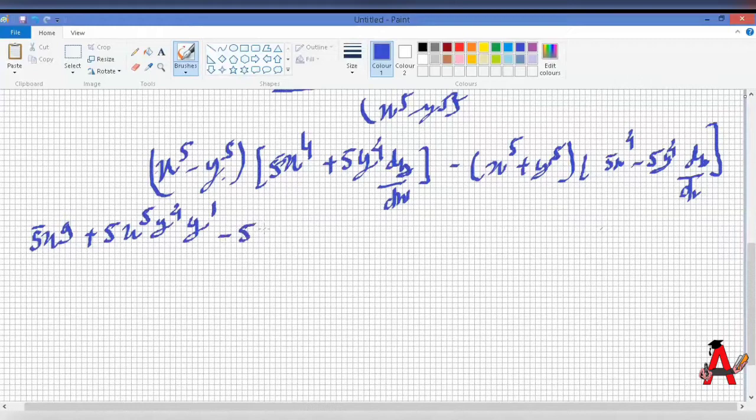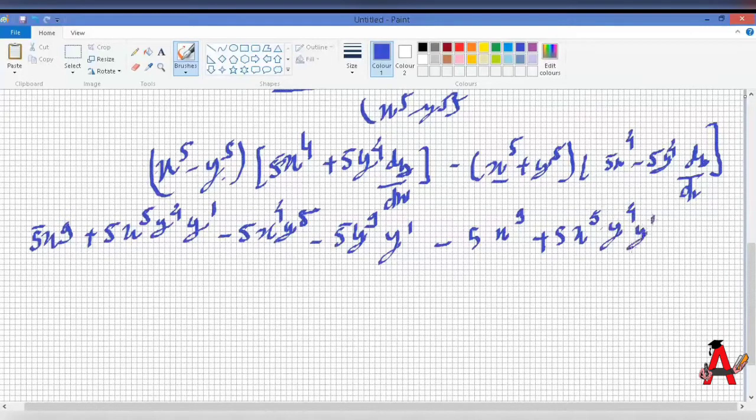So one term will be x^5 into 5x^4, then plus 5x^5 y^4 y dash, minus 5x^4 y^5, minus 5y^9 y dash. Then minus, x^5 into this, so this will become minus 5x^9, then minus and minus plus 5x^5 y^4 y dash.